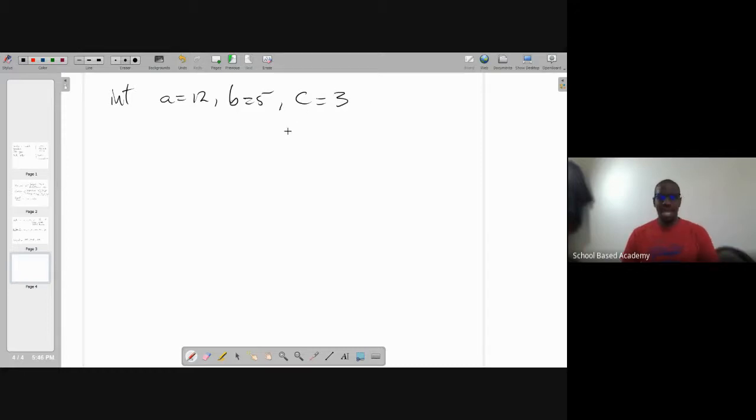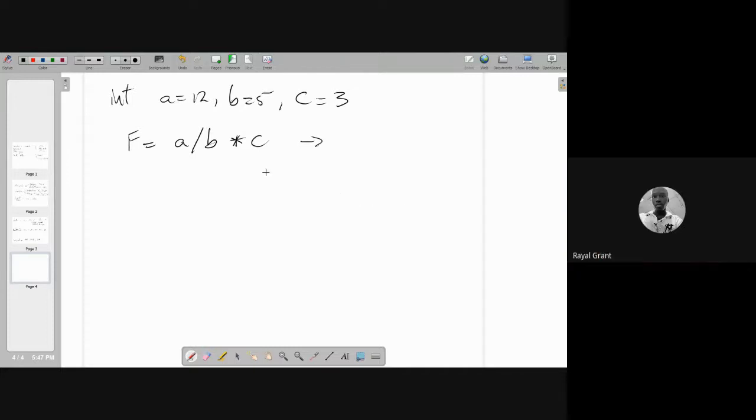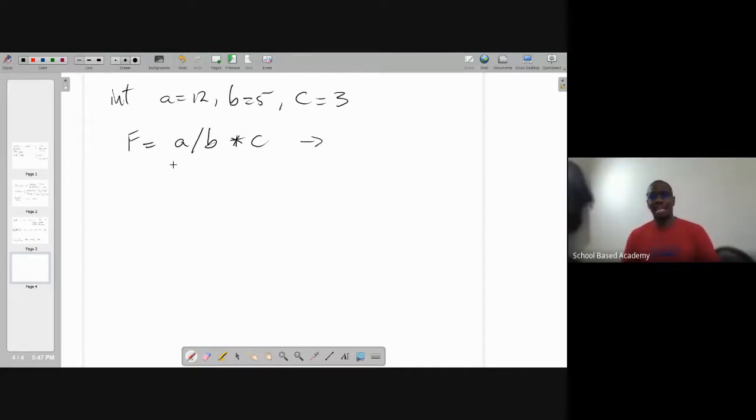So we have A, B, and C. And I have an expression that F is equal to A divided by B multiplied by C. What is my result going to be? Anybody, I want you to try and work this out right now. 6. So let's see how we got that 6.